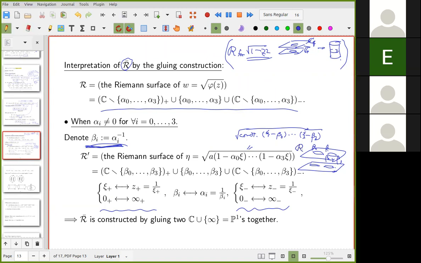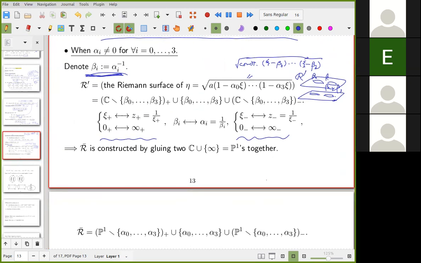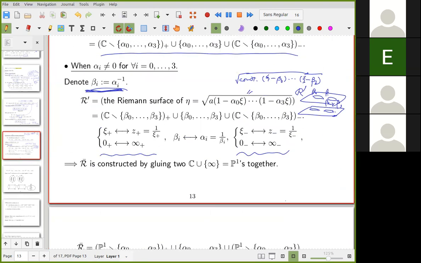So this is R prime, and we have R. It's constructed in this way. But here we have identification, except at zeros and infinities.